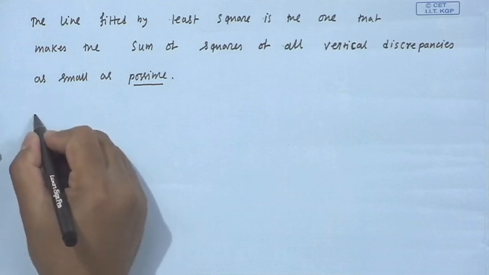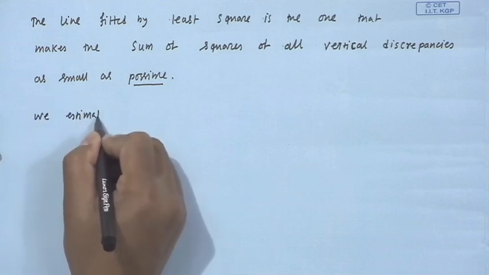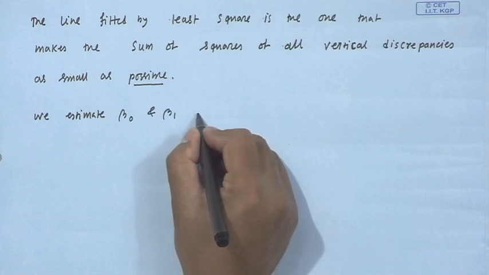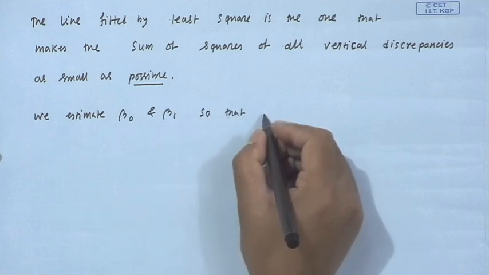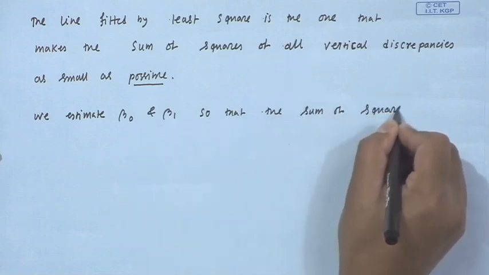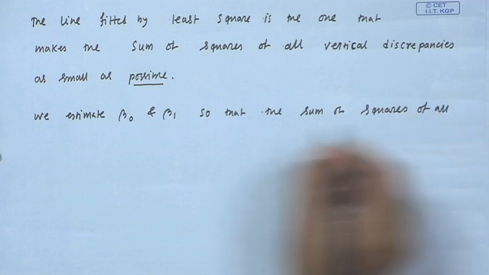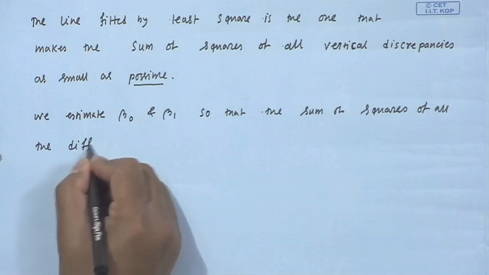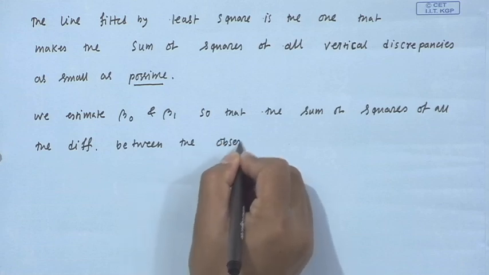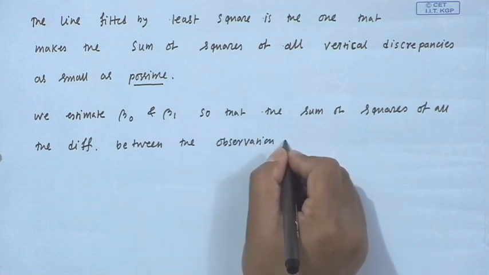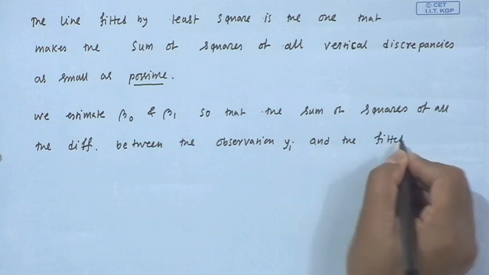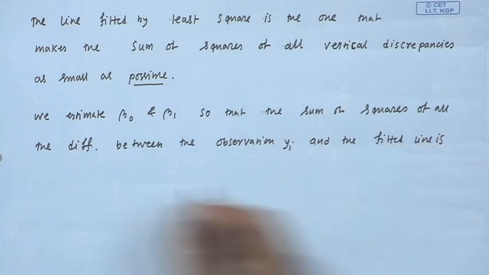So, we estimate beta naught and beta 1 so that the sum of square of all the differences between the observation y i and the fitted line is minimum.